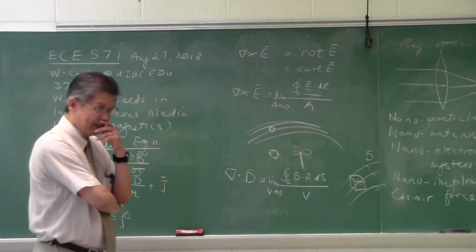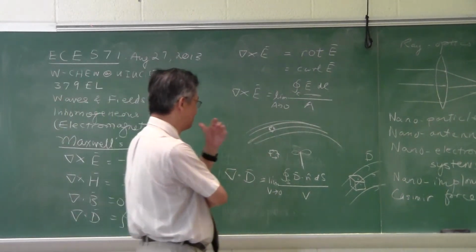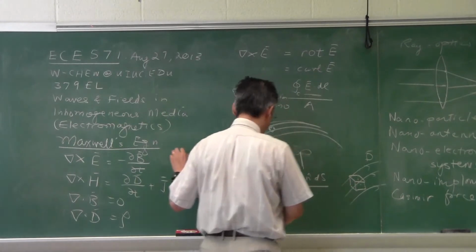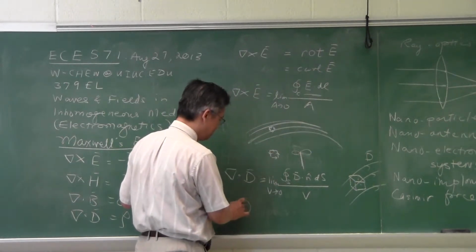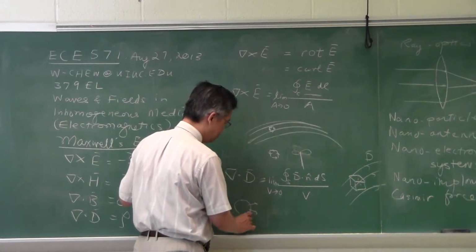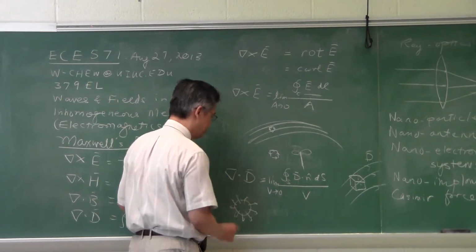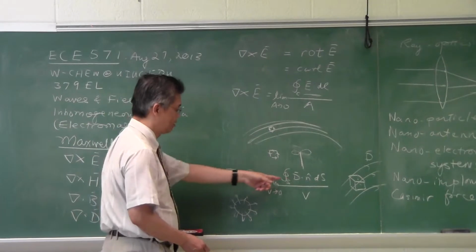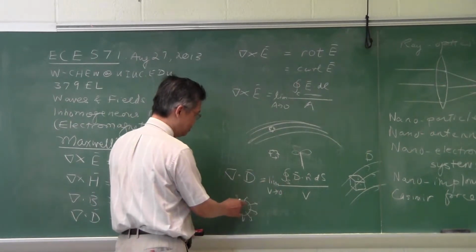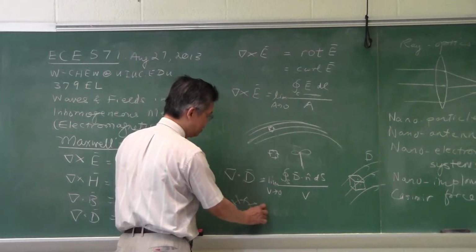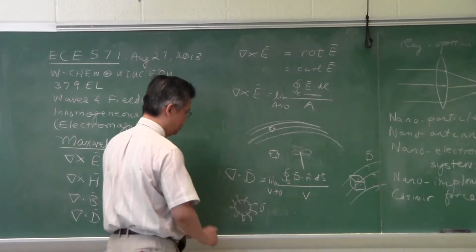Okay? It is quite clear that if this surface integration is not zero, it means that there's a net flux oozing out from this region. In this picture, it's quite clear that this integration will not be zero because all the n dot D, if D is of this form, n dot D will not be negative.